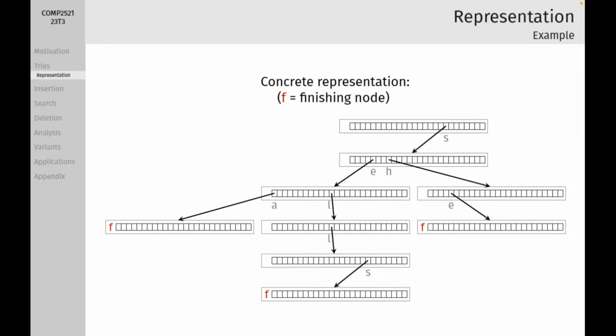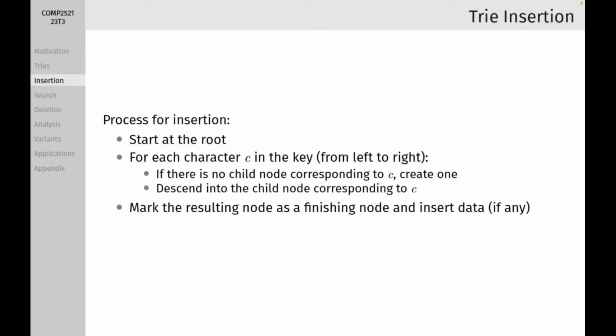Okay. So yeah, that is what the trie actually looks like in the program. Okay, so now let's try and operate on our trie. So how do we actually insert into a trie? Okay, so we're given a trie, and we're given a key to insert. So how do we insert? Well, we're starting at the root node.